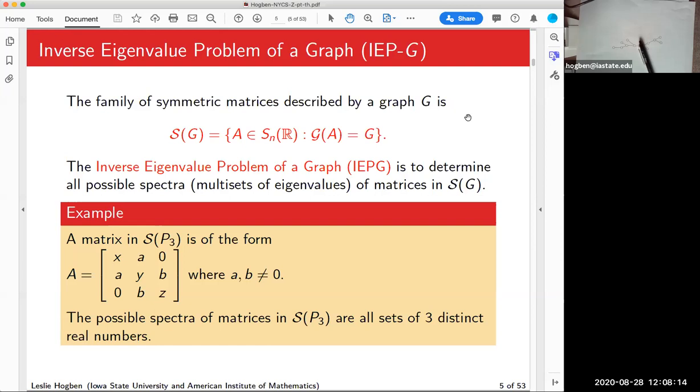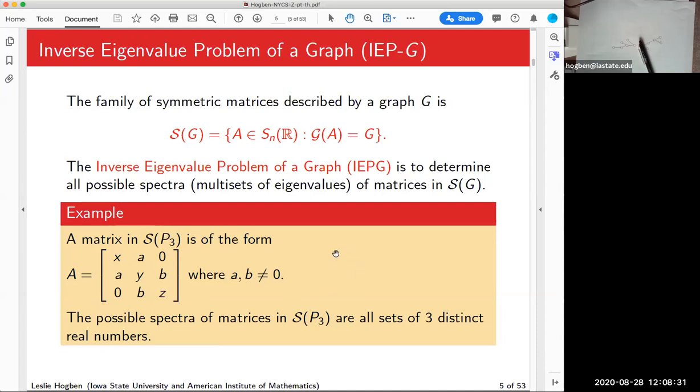So there's an example here, a matrix that is described by the path on 3 vertices, and you have 2 non-zero off-diagonal entries, and you have 3 diagonal entries, which can be 0 or non-zero.